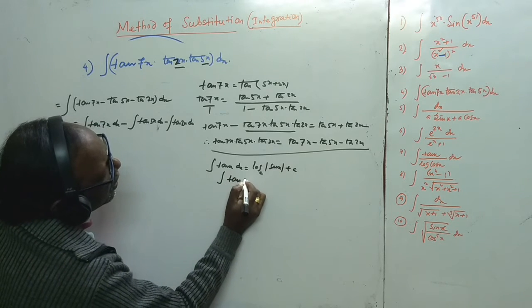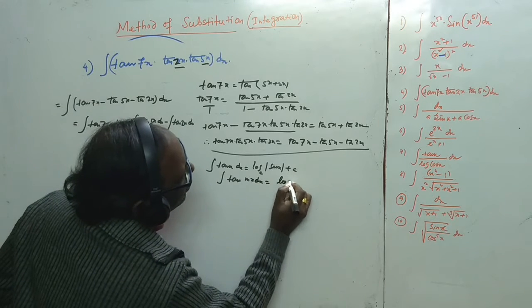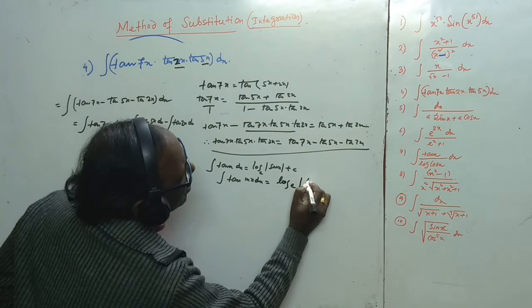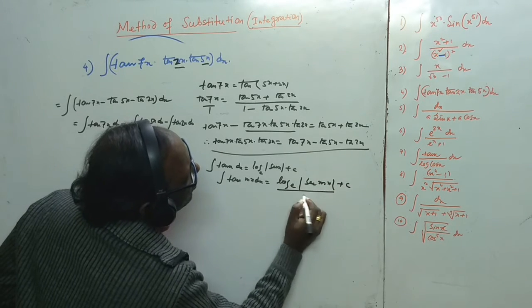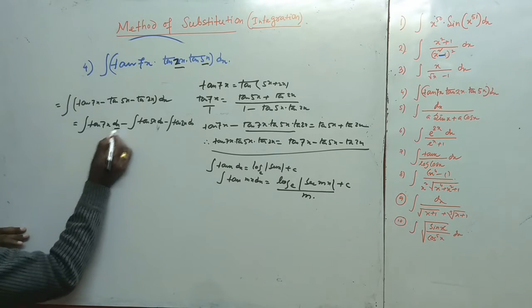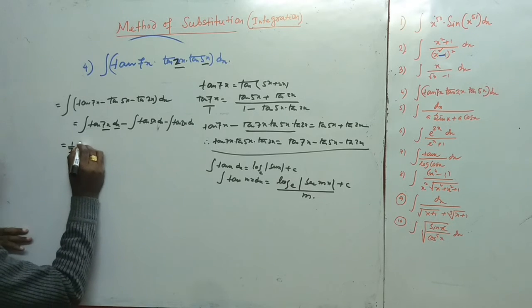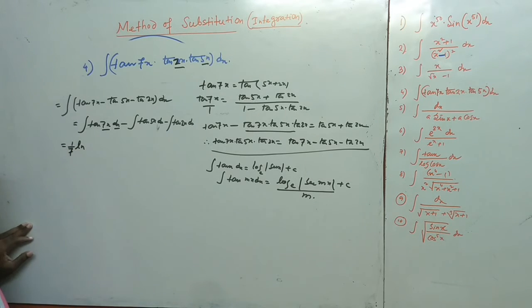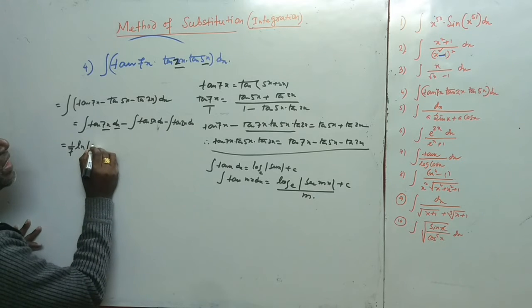Integral of tan mx dx is log to the base e mod sec mx plus c by m. This is the formula. So this is with respect to x, but here it is 7x. That's why 1 by 7 ln. Log to the base e means general log, and ln means to the base e, so we do not need to write the base. Okay, so that's why you always write ln.